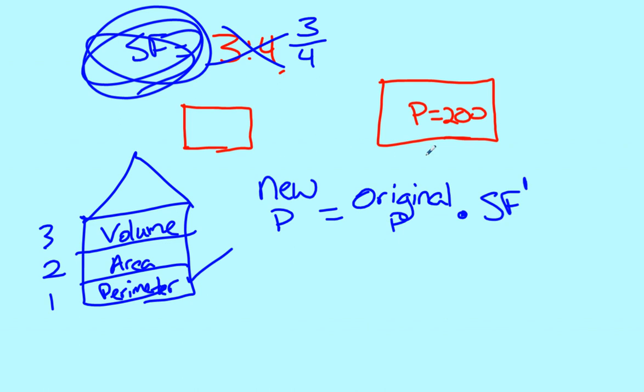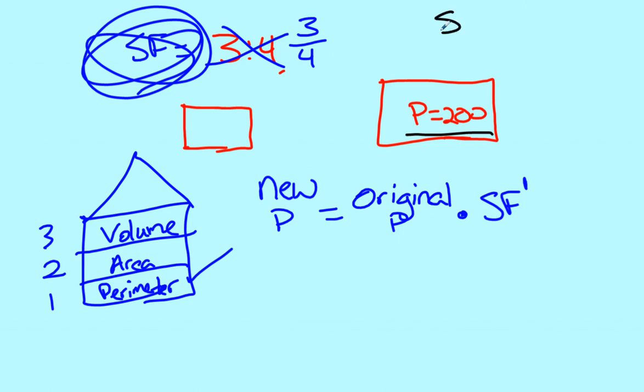We put in what we know. So I know this perimeter, this is where it's going to get a little tricky because it doesn't say which one's the new one. But we can say if our shape is getting smaller, because 3/4 is less than 1.